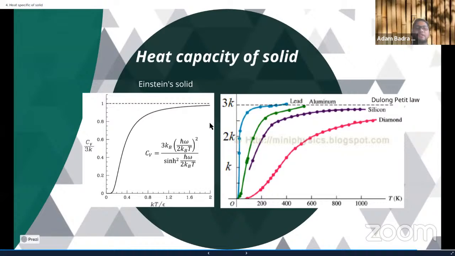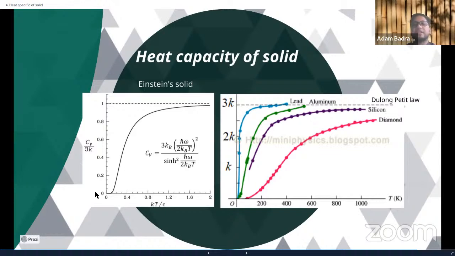So using the Einstein solid as the model of heat capacity in solids, we can show that there are some limiting trends that describe the heat capacity. At high temperature, the heat capacity becomes 3k, as predicted by classical physics. But at zero temperature, Cv becomes 0.